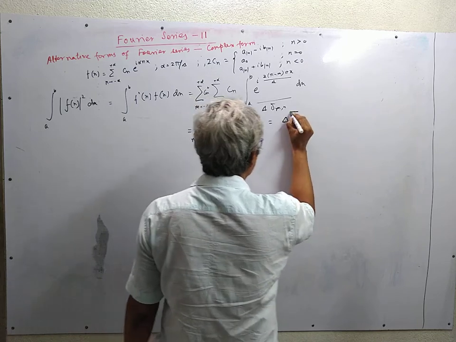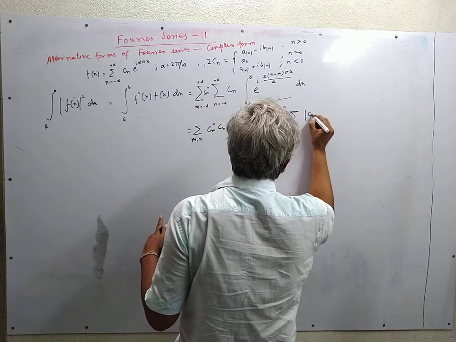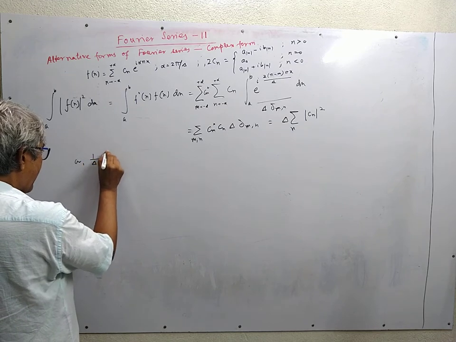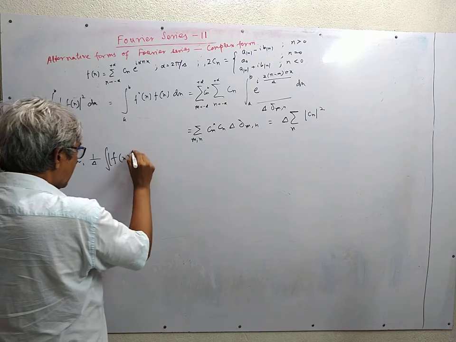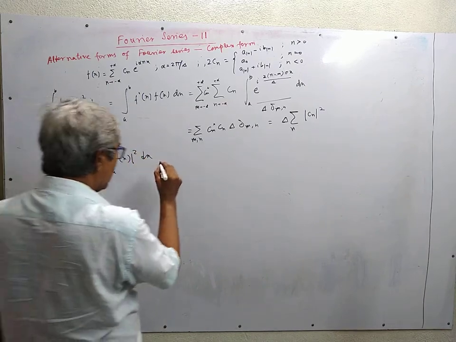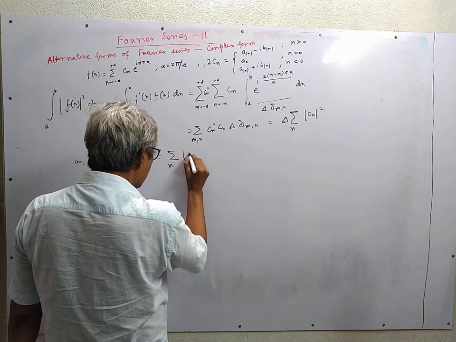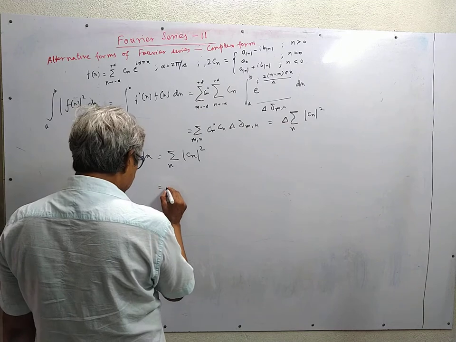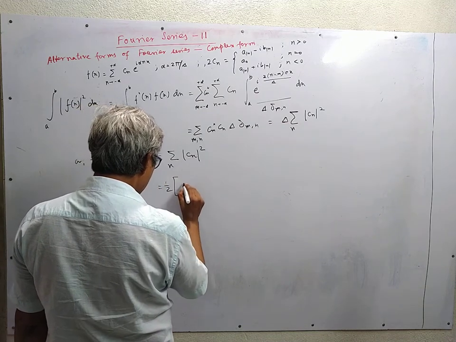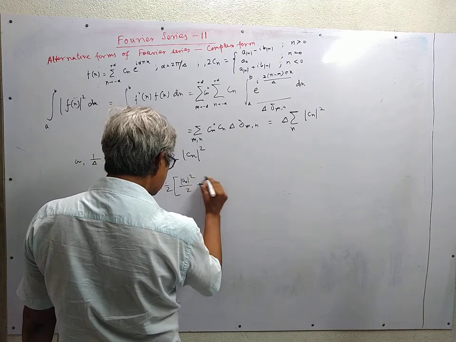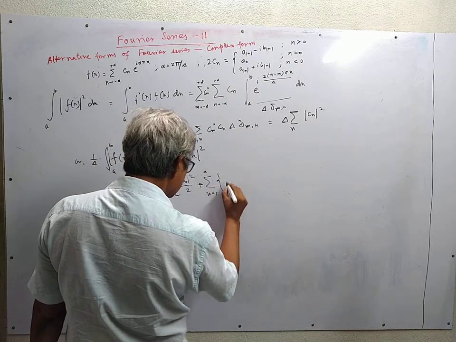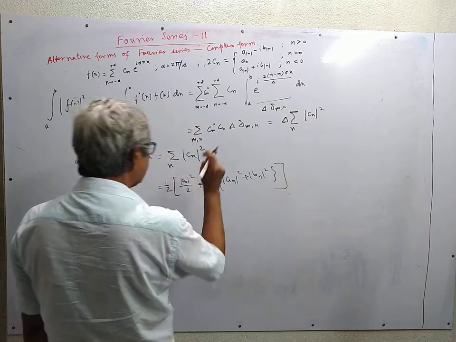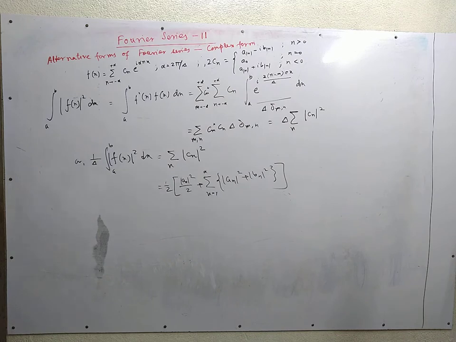So this is delta times one sum goes, Cn modulus square, or the average value of the square of the function. In the case of trigonometric Fourier series, the result was different. So the Parseval's formula for complex Fourier series is this.